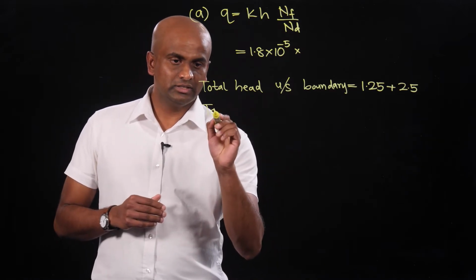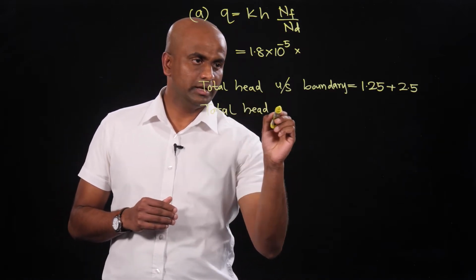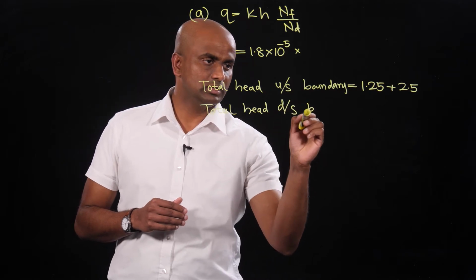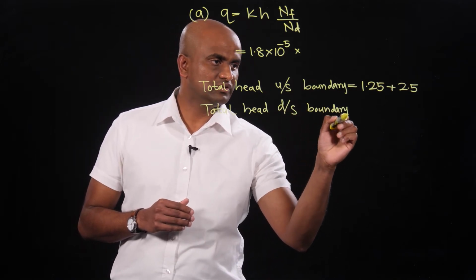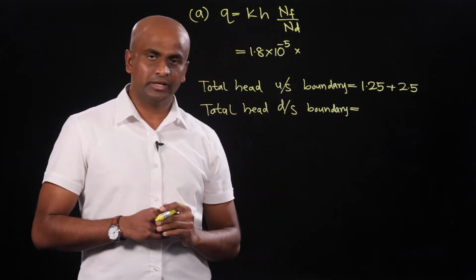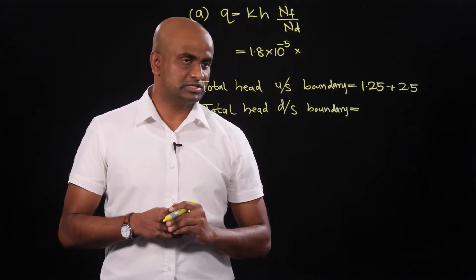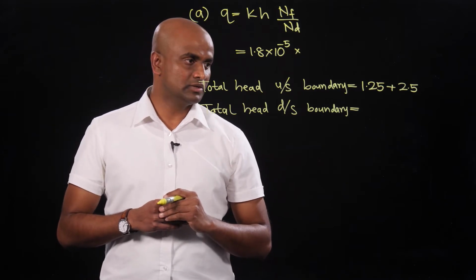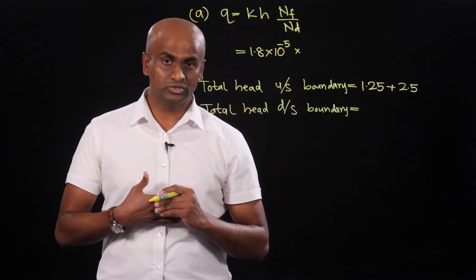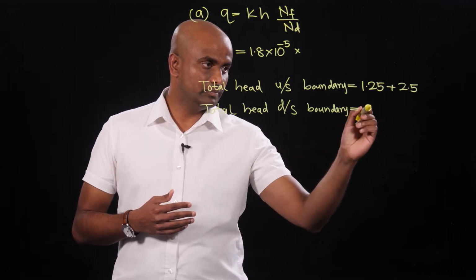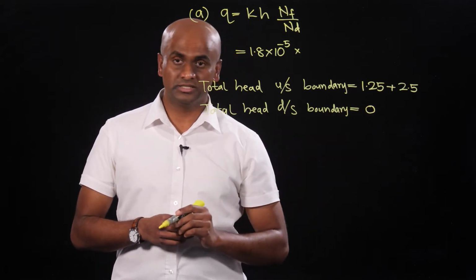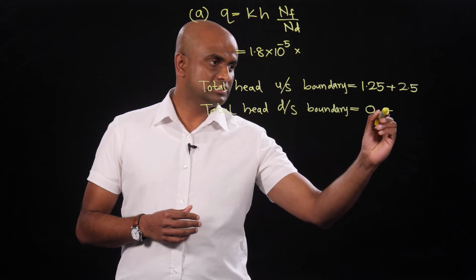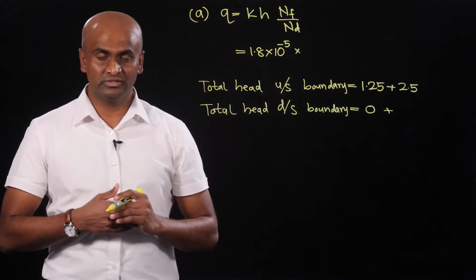Similarly, we can calculate the total head at the downstream boundary. For seepage, it is the pressure head plus elevation head. The pressure head is the height of the water above the boundary level. We can see that within the excavation there is no water, therefore the pressure head is 0. And elevation head is the height above the reference level, which is the datum.